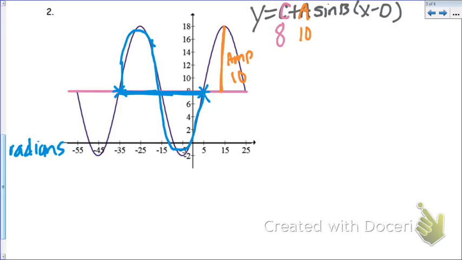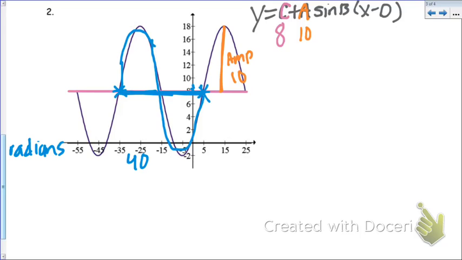I need to determine how far that distance is, and that distance is 40 radians. So that's my period. If you think about that, I'm going from negative 35 to 0, that's a distance of 35, and then I'm going from 0 to 5, and that's a distance of 5. So the distance together is 40.